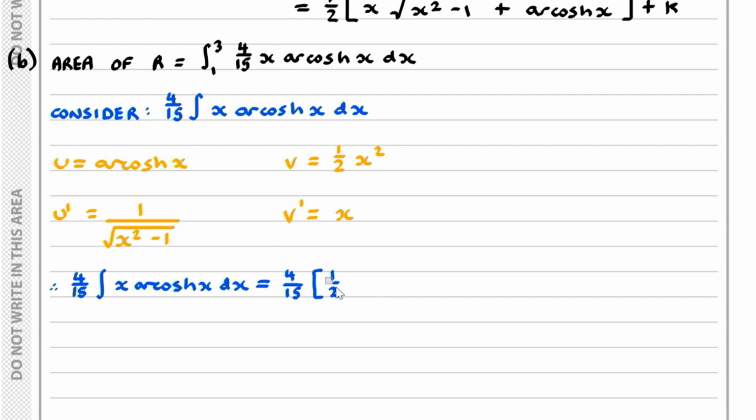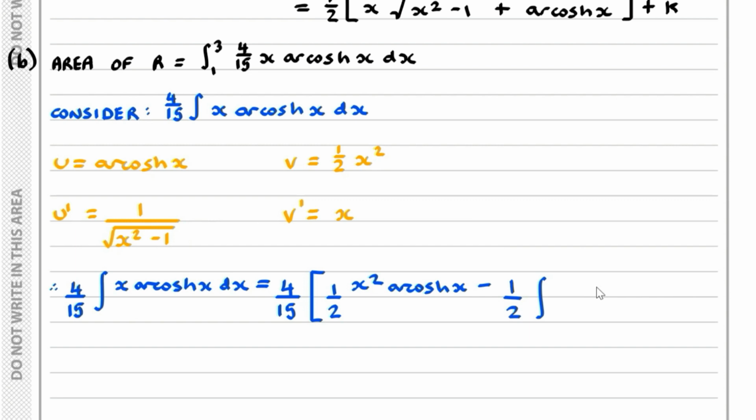So we've got 1/2 x squared times by the inverse hyperbolic cosine of x, and then we subtract off vu dash, so that's 1/2 lots of the integral.